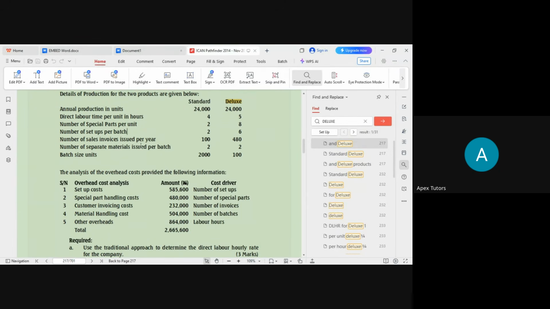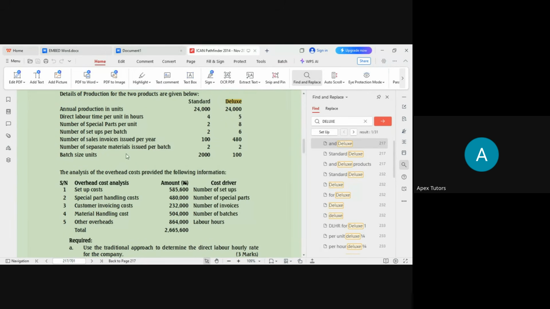If you look at the first example we solved, we just added the two values and divided. But now the story is number of setup per batch. So you must know how many batches you have in standard. Then you multiply this setup 2 by it. Do you understand?